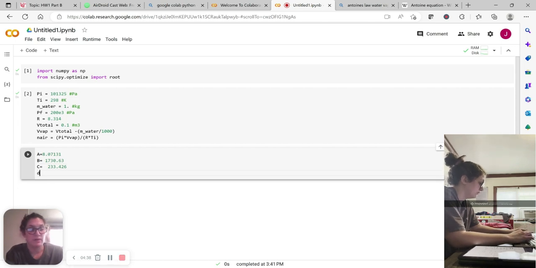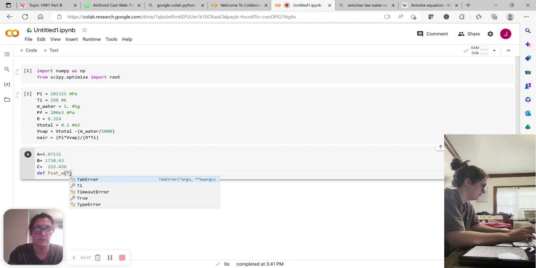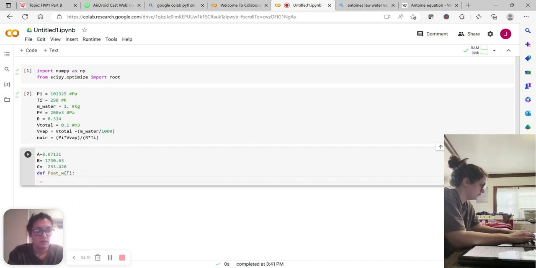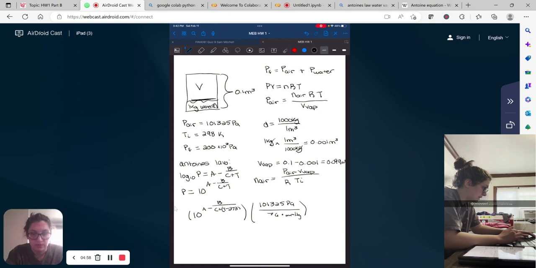So now I am ready to define my function for our saturation vapor pressure of water. This is going to be a function of temperature. And we're going to return the equation that we solved before, this one down here.